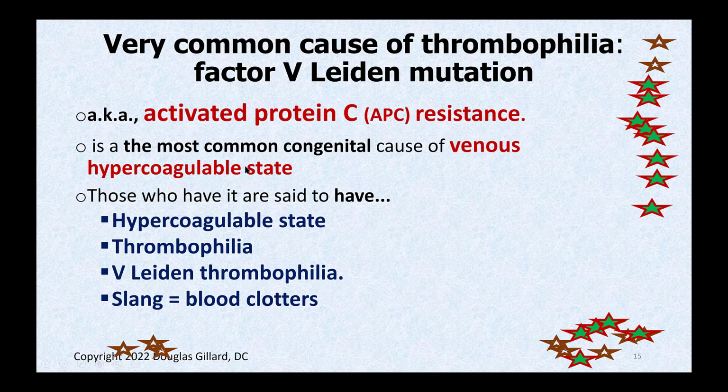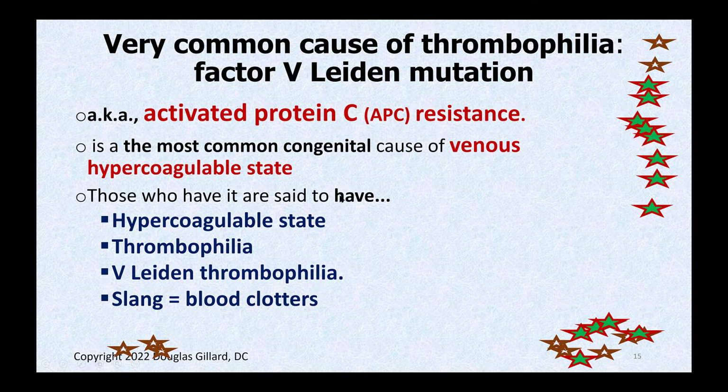So a very common AKA, which I like to use, is activated protein C resistance, to see if you remember your general pathology. It is the most common congenital cause of a hypercoagulable state. So congenital means you're born with this problem. And hypercoagulable means you're a clotter. You like to clot blood, and it's the most common cause.